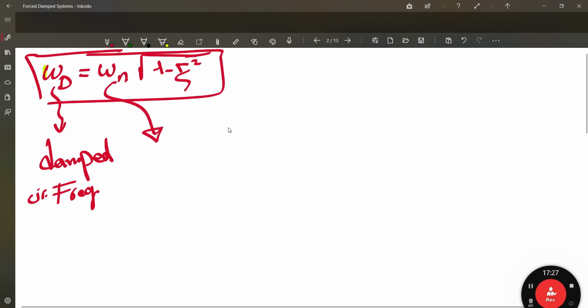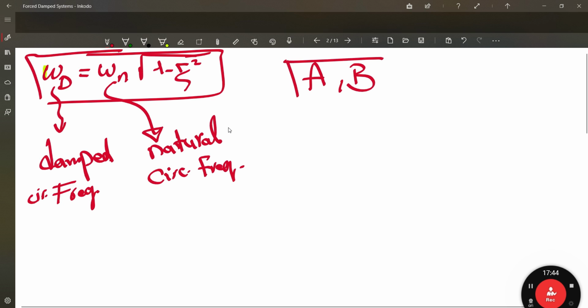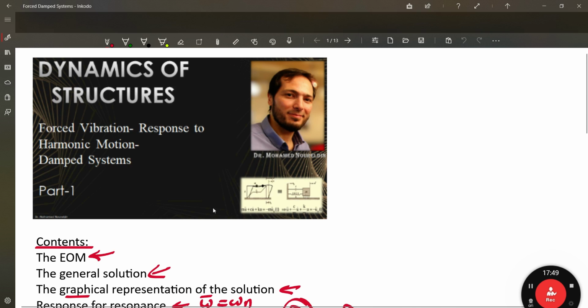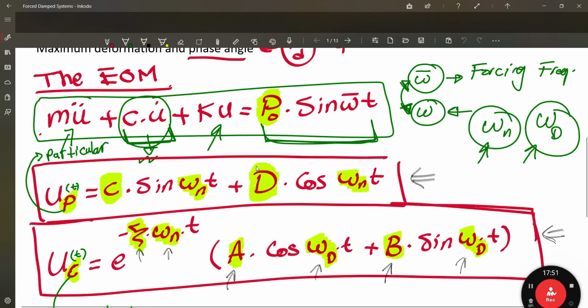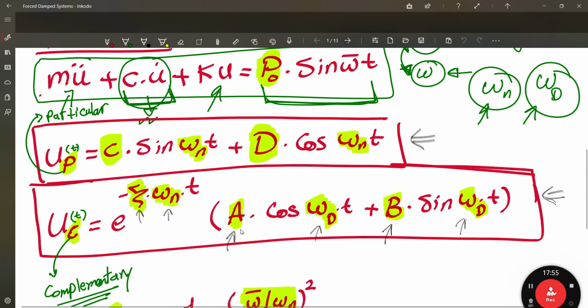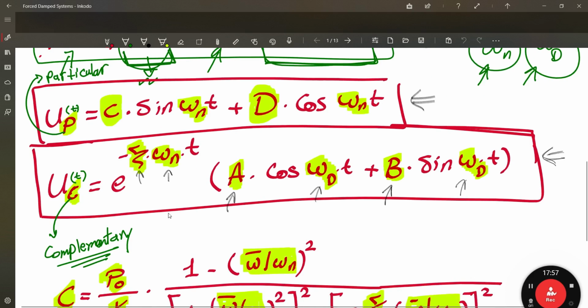And omega n is the undamped one, which we call the natural circular frequency. And then for A and B, we have another A and B, right? If we go back to the equation, you're going to find that here we have this A and B for the complementary solution.